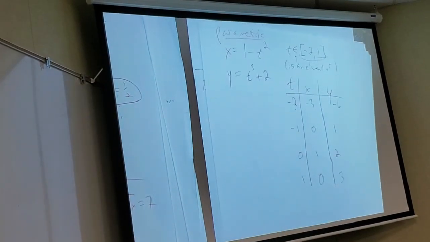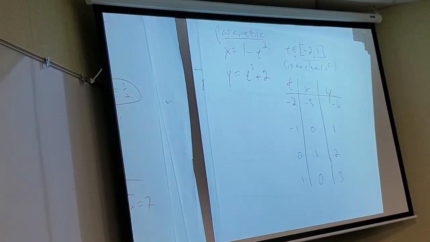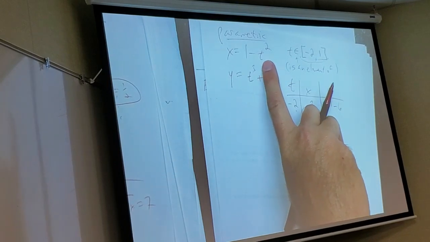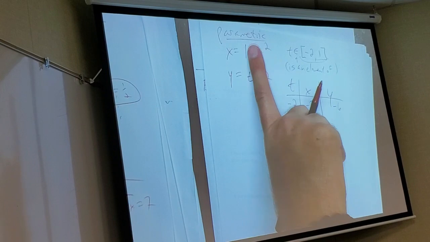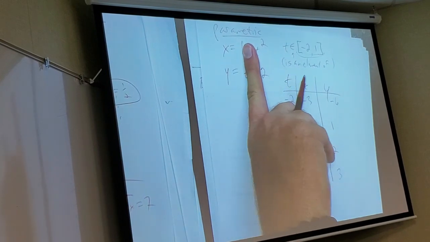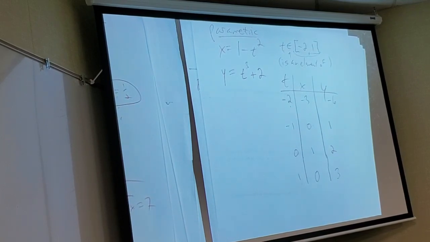Do you all agree with me that the only two real variables here are x and y? They're controlled by some third thing, and very often we call this type of thing a parameter. That's why these are called parametric equations. T acts as the parameter. X and y are the variables that depend on what the parameter's value is.